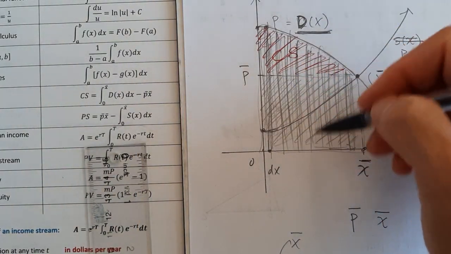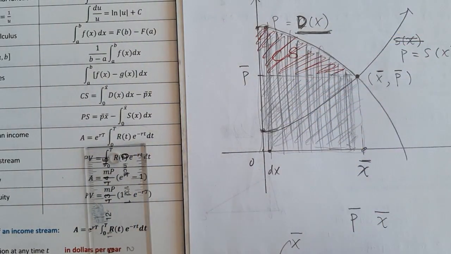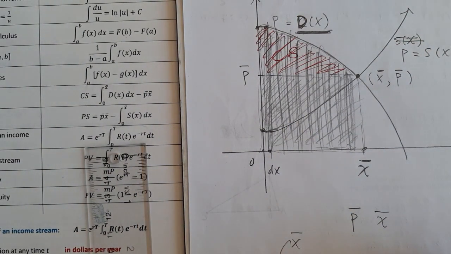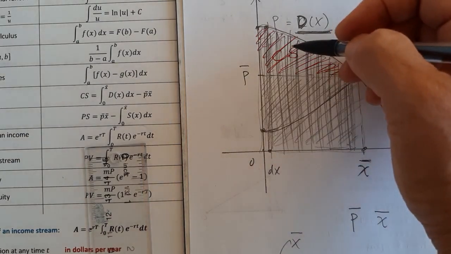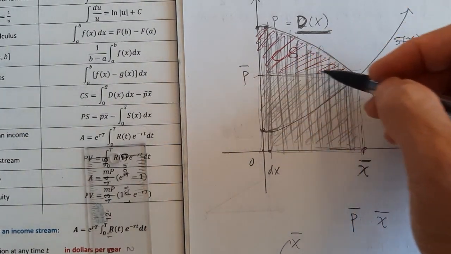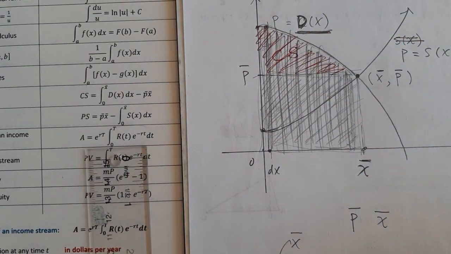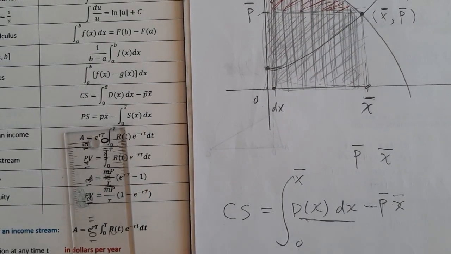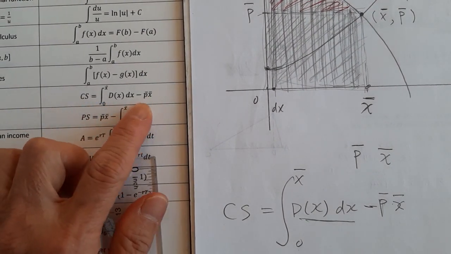Suppose so much money, then you subtract p bar x bar, the actual amount in the market. And this part we call consumer surplus.